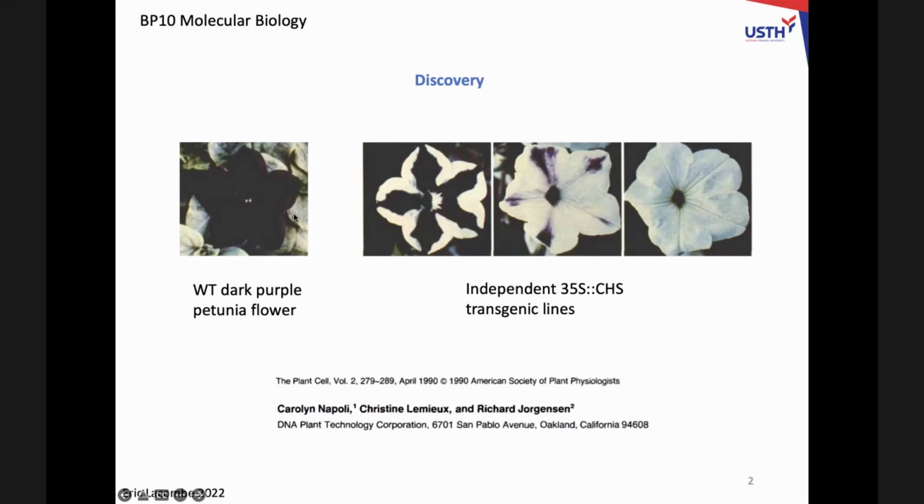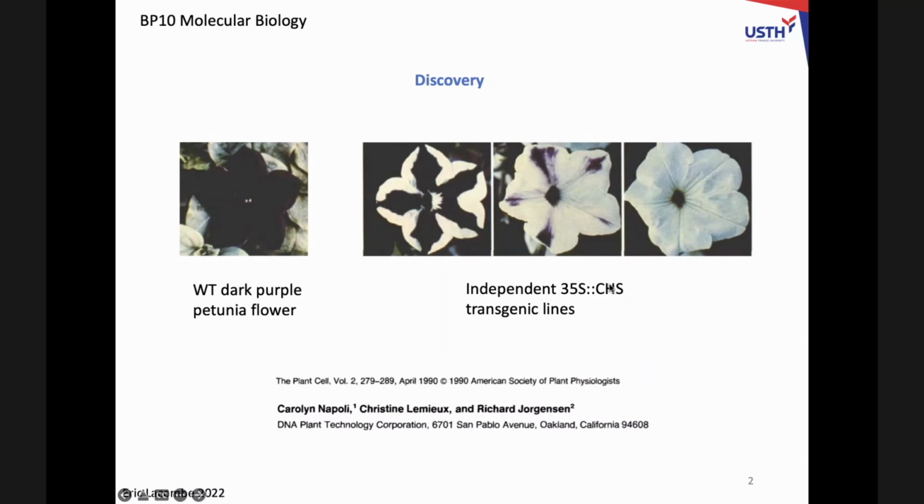The wild type flower is heavily colored in dark purple. It looks almost black, but actually it's purple. And the researchers wanted to increase or change the content of the pigment inside the flower. So they made a transgenic plant overexpressing a gene.